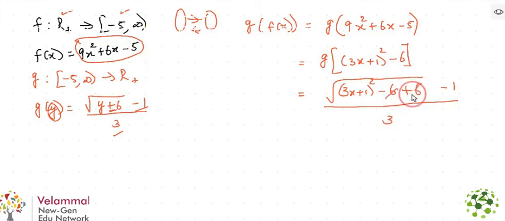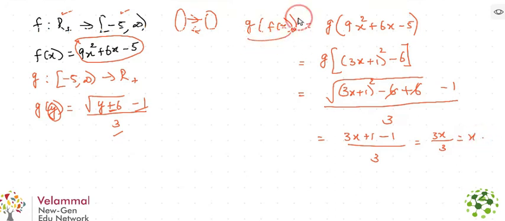So 6 will go away. Square root of 3x plus 1 whole square is 3x plus 1, because root and square will go, minus 1 divided by 3. So this is equal to 3x over 3, which is equal to x. So I got g of f of x as x.